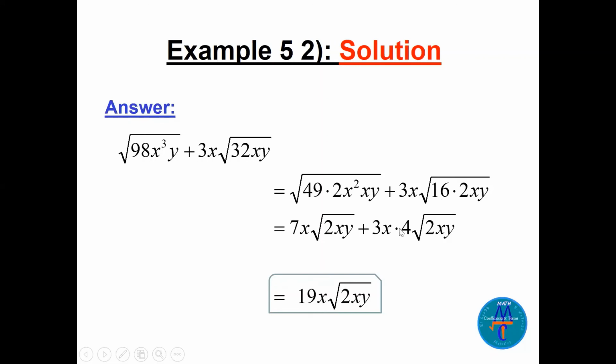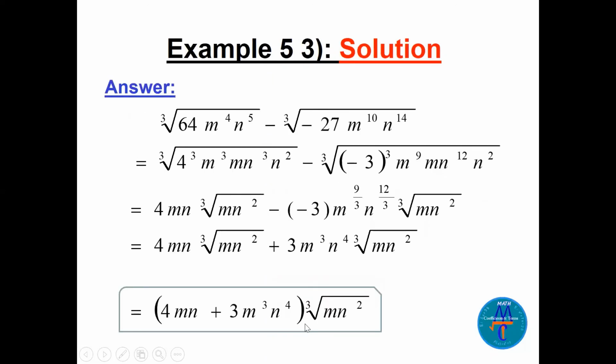Square root of 16 is 4, and I have 3x from the beginning of the question, 3x times 4, 12x. Now inside the radical, I have 2xy, 2xy. See the x cubed here, I break it down into x squared and x, so I take x out. So 7x plus 12x, that will be 19x square root of 2xy.